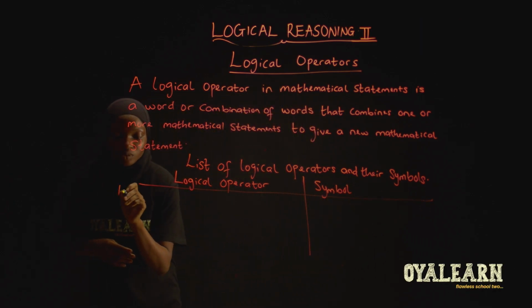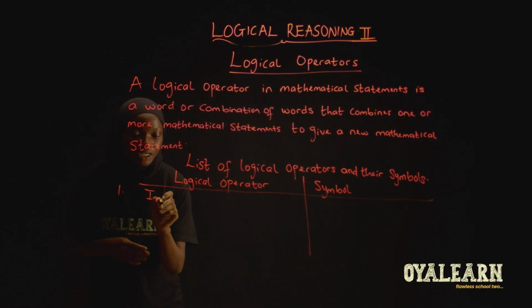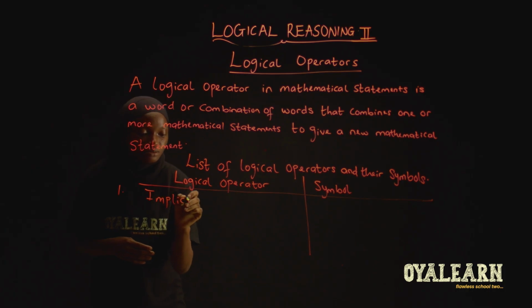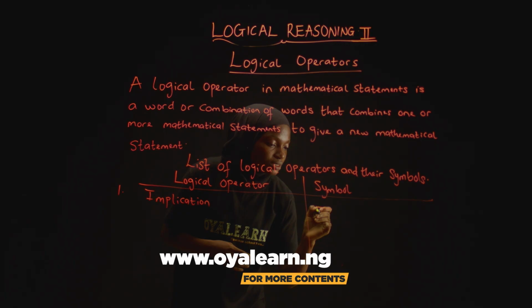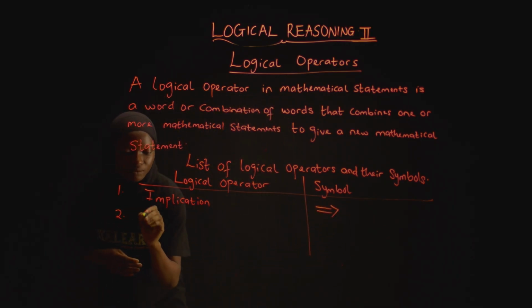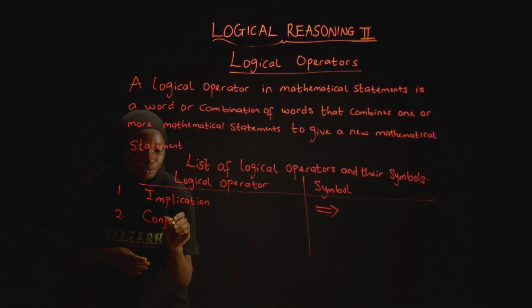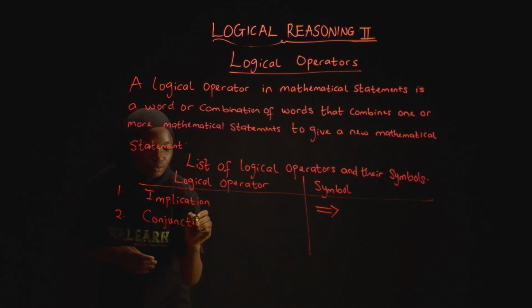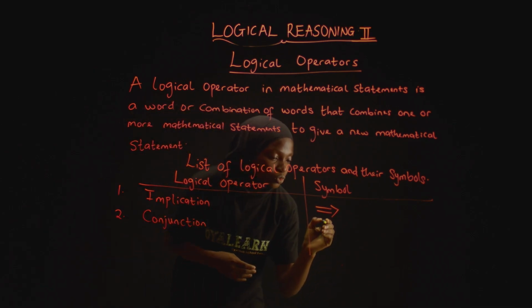The first one, we have implication, having the symbol as implies, like this. The second one, we have conjunction, having this symbol.